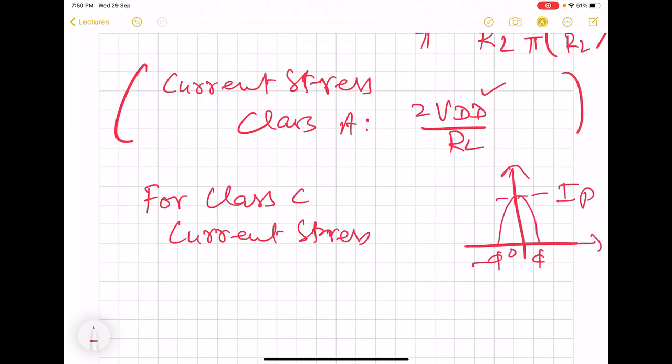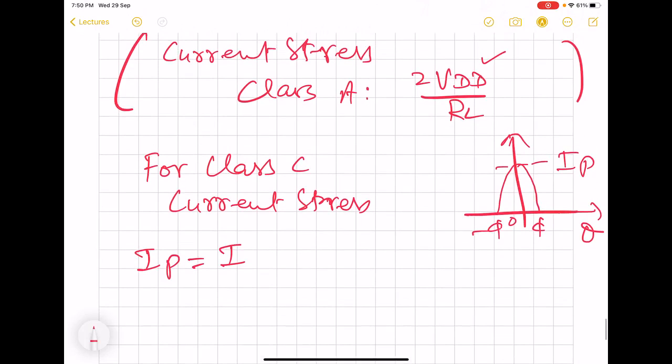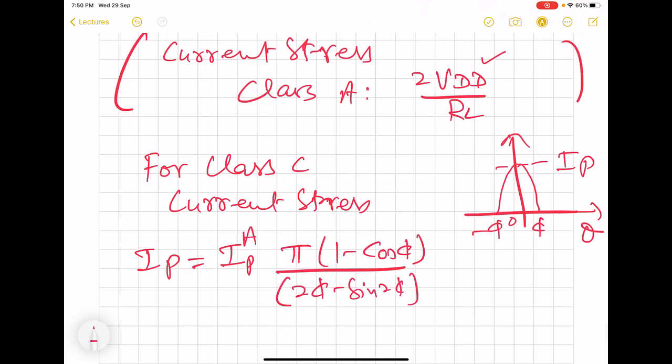This is going to be the maximum current experienced by the MOS in class C. One can calculate this IP, and it will turn out to be equal to IP, the maximum current for class A, multiplied by pi times 1 minus cos phi divided by 2 phi minus sine 2 phi.